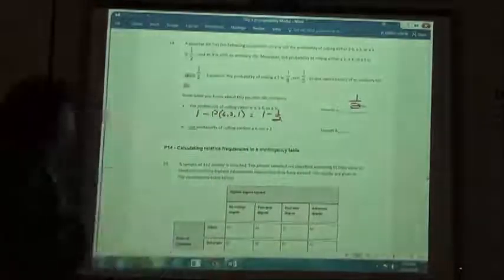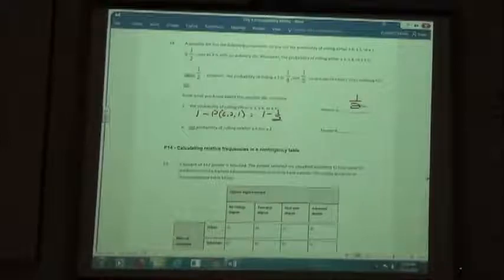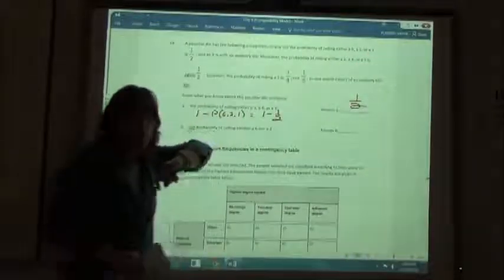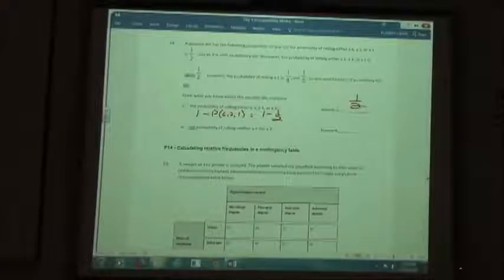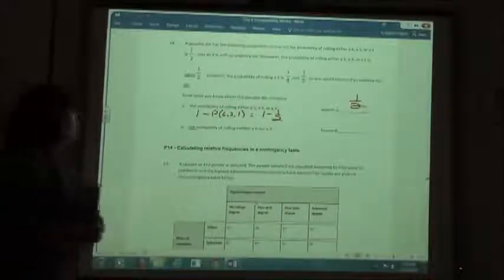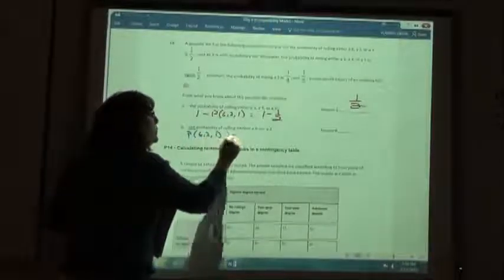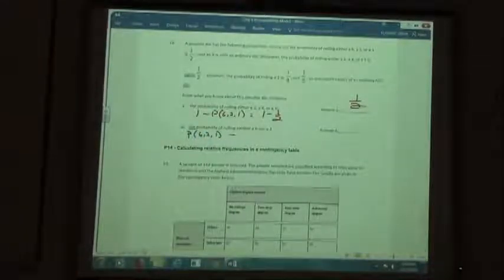What is the probability of rolling neither a 6 nor a 2? So if I want neither a 6 nor a 2, since this is 6, 2, and 1, what could I do? I can take my probability of getting a 6, a 2, or a 1 and subtract the probability of getting the 1, right?